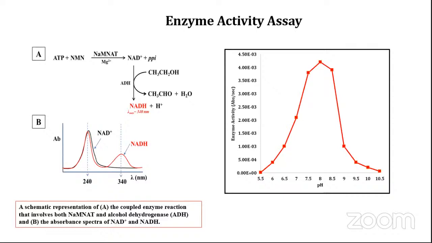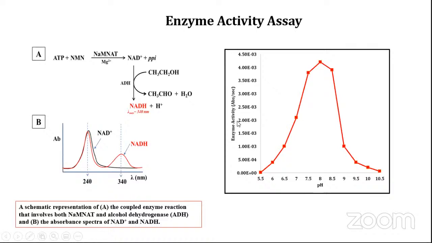So it can use either NMN, which is nicotinamide mononucleotide, or nicotinate mononucleotide, to generate NAD. In this experiment, we used NMN with ATP, and the product NAD was then further converted to NADH, which was quantified spectrophotometrically at 340 nanometers.